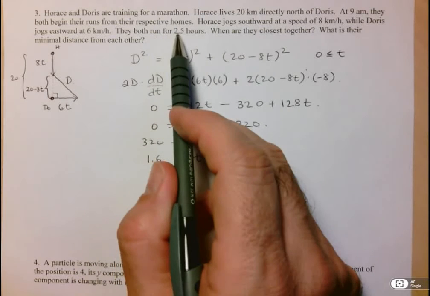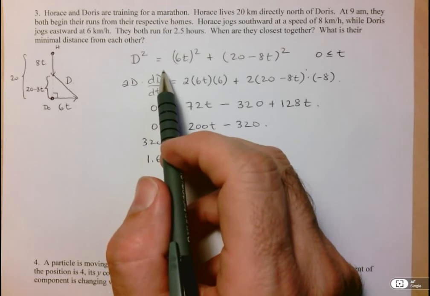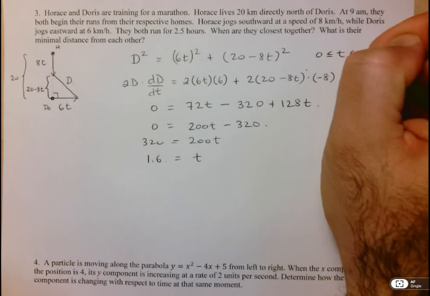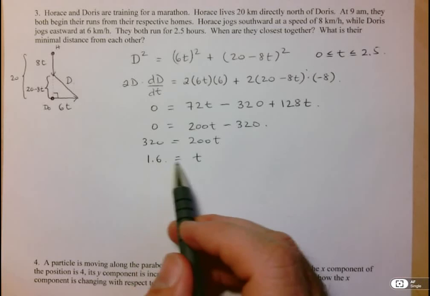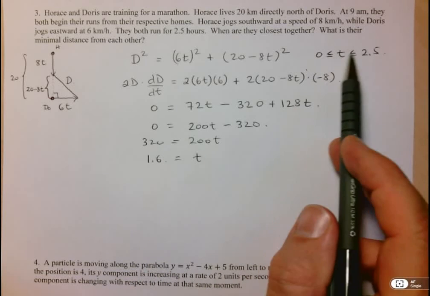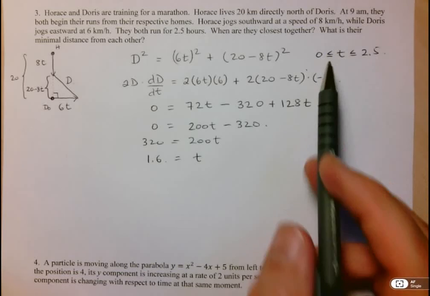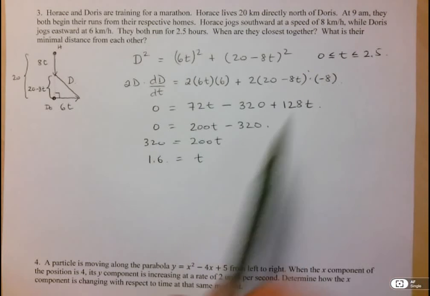They say they run for 2.5 hours, so we're not interested in any time past 2.5 hours, so it has to be less than or equal to 2.5 hours. So this critical point that we found does lie within our domain, but because it's a closed interval, we have to check the critical points and the two endpoints.